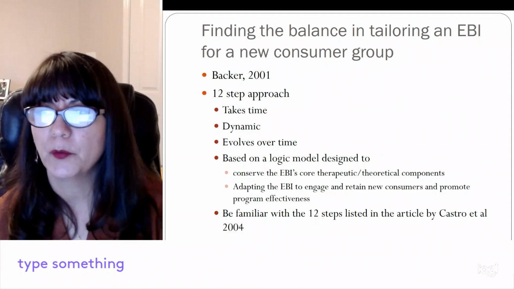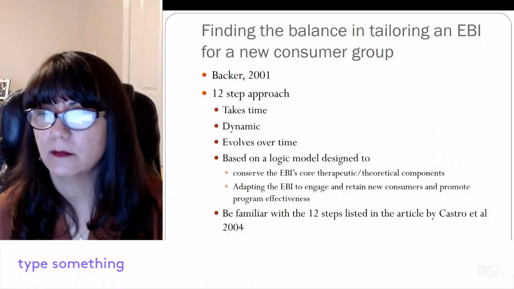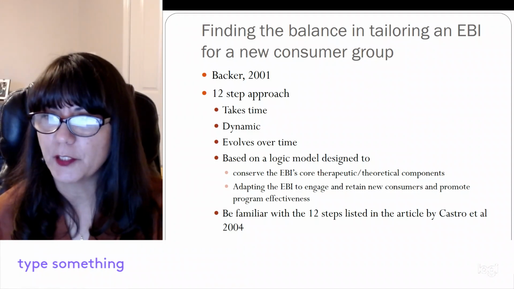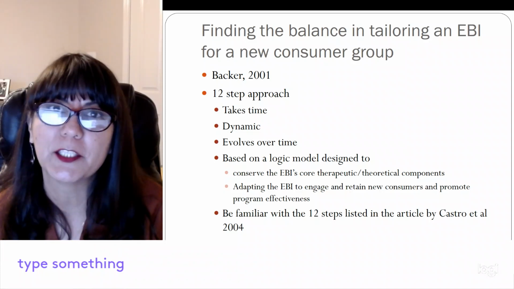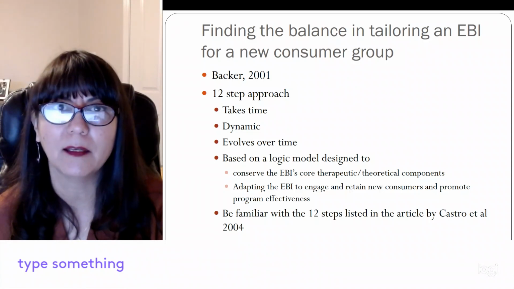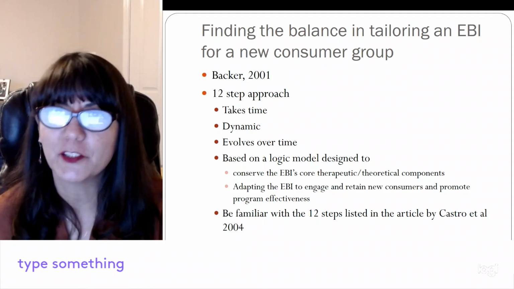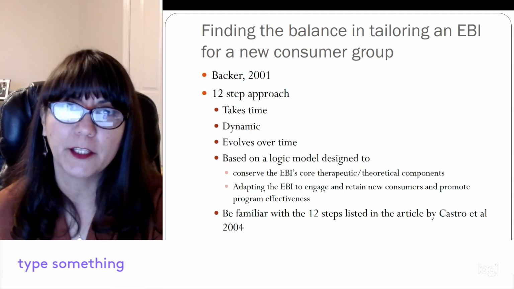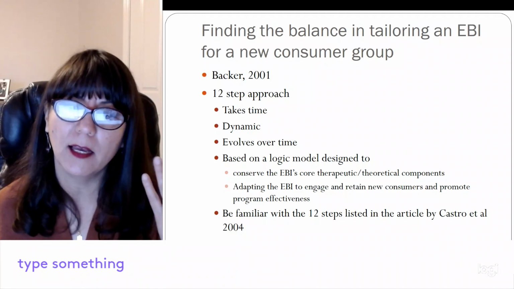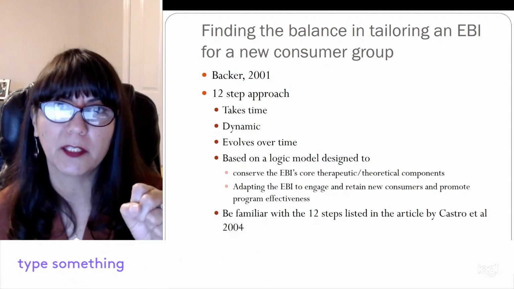And so this particular one has a logic model that helps protect the original model programs or the evidence-based interventions' therapeutic components, right? Or the theory-based components of the intervention. That's what you want to protect.